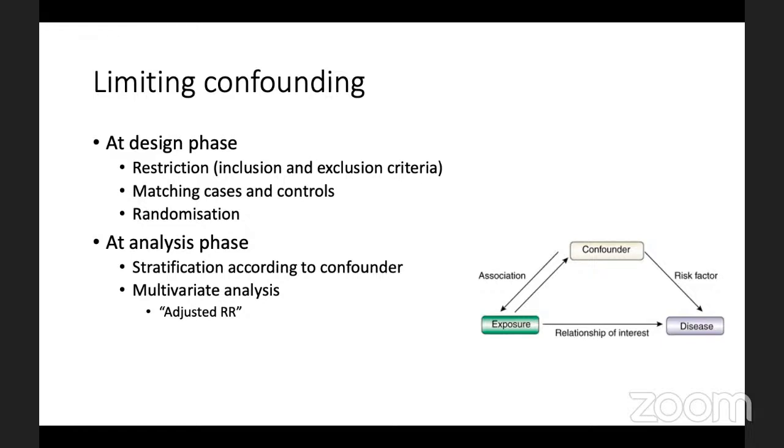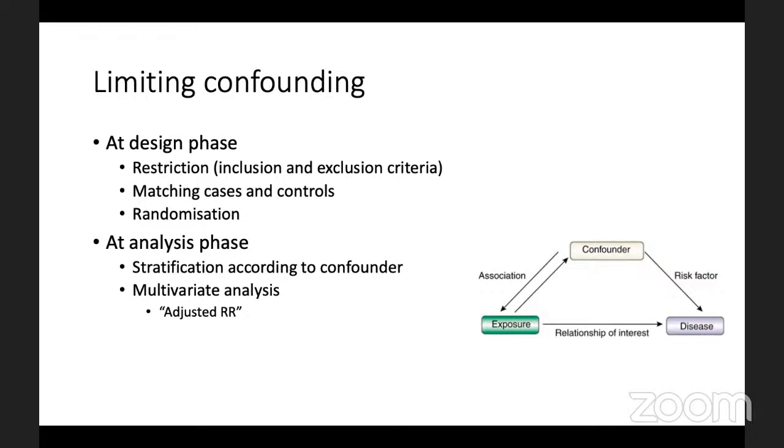Another way is that we can match cases and controls. So you select a comparison group that matches the treatment group. Each member should have a counterpart in the treatment group with the same value of potential confounders. So for instance, you match male 45-year-old smokers in both dust exposed and non-dust exposed groups. The problem with this is actually finding matches.